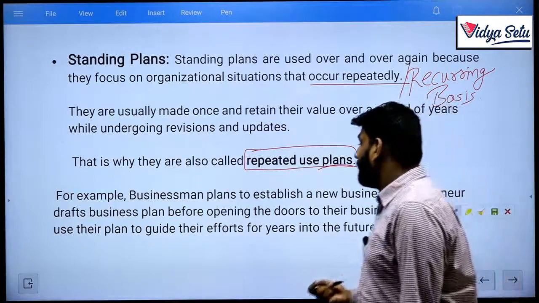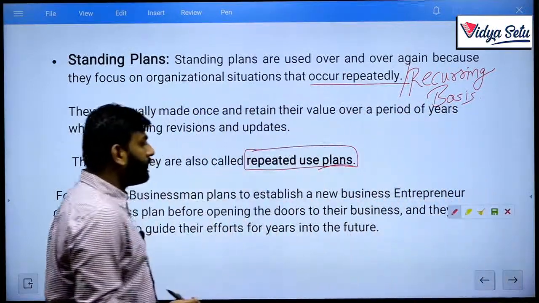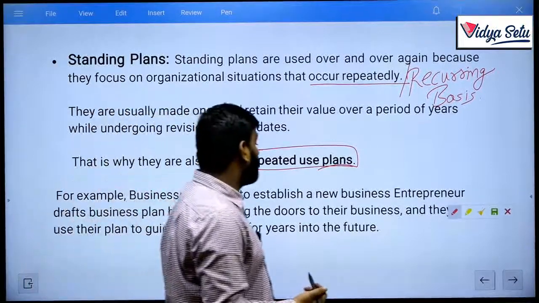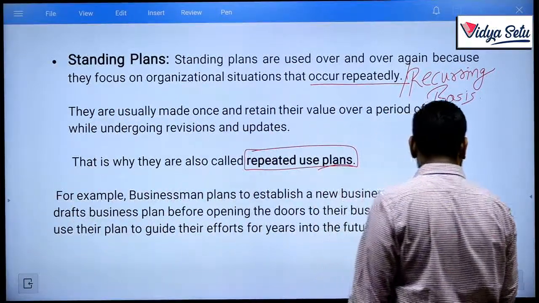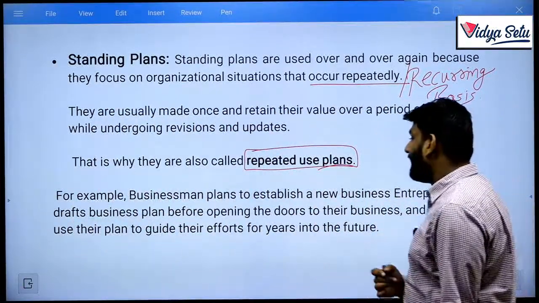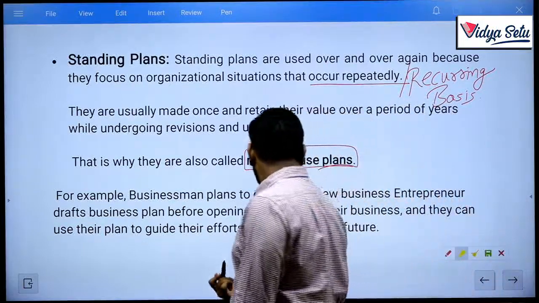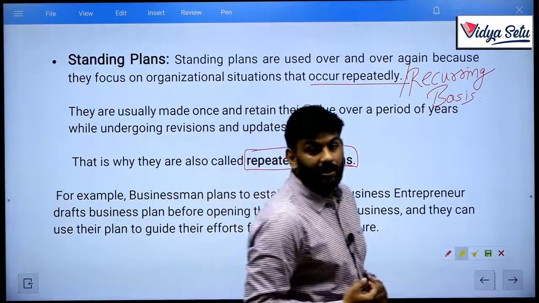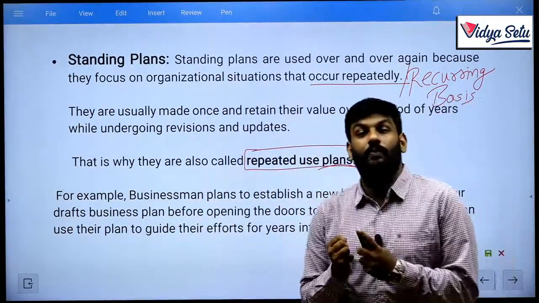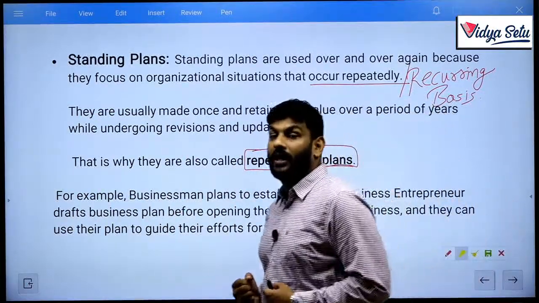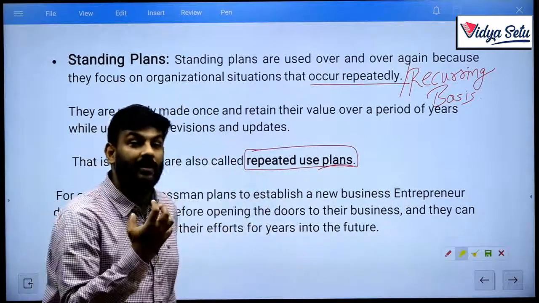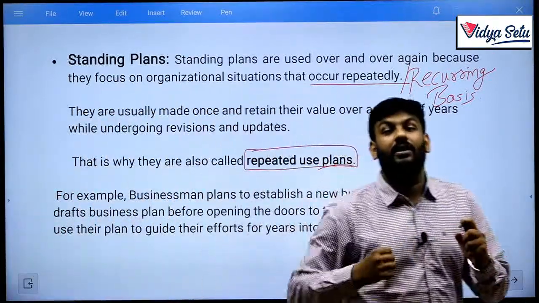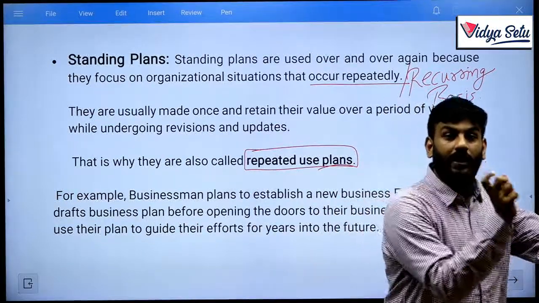For example, a businessman plans to establish a new business, and the entrepreneur drafts a business plan before opening the doors to the business, and they can use the plan to guide their efforts for years into the future. What does that say? If a businessman wants to set a plan, he needs to form a plan for his organizational goal, as well as make two kinds of plans: a short term plan and a long term plan.